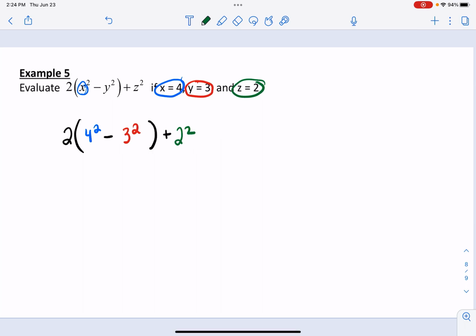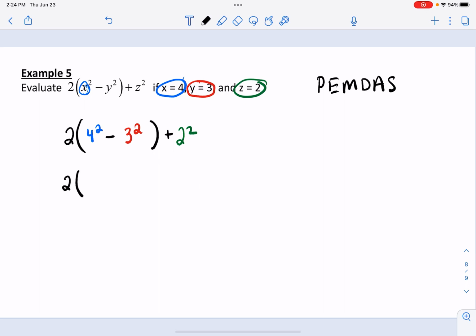So now it's just a matter of simplifying. So remember your PEMDAS, okay? Parentheses. So in my parentheses, I have to do those exponents. So I have 4 squared, which is 16, minus 3 squared, which is 9.